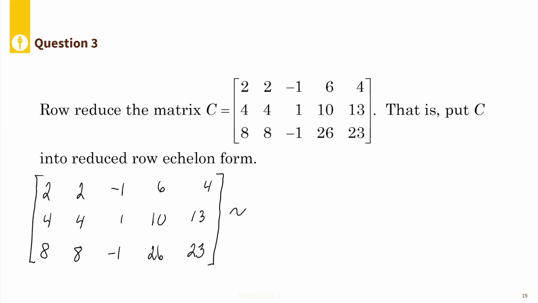So again, I think instead of making that 2 a 1, because the entries below it are both even, hence multiples of 2, I'll zero them out first and then worry about making that leading 2 a 1. And they should be negatives, right? -2, -4.